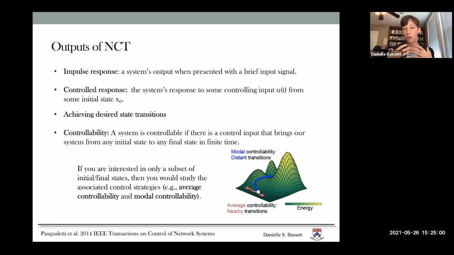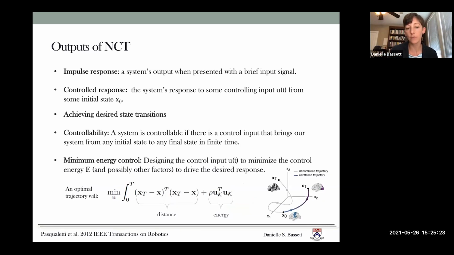And if you care about only a subset of initial and final states that maybe are biologically relevant, then you would study some very specific associated control strategies that are only about those state transitions. 2 examples are the average controllability and modal controllability, and you'll see those in the literature. I just want to frame those as specific control strategies that are for subsets of state transitions.